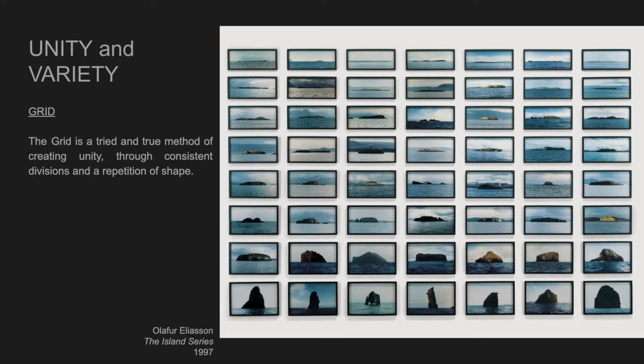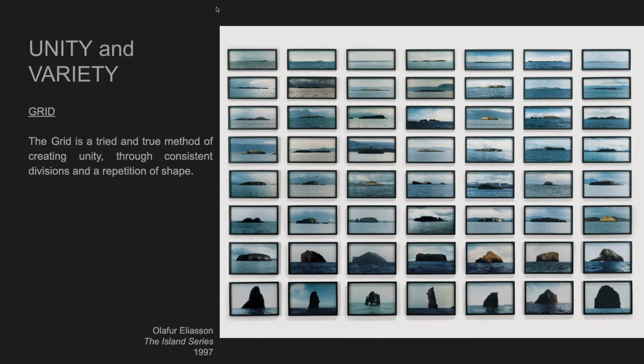Back to the same artist, Olafur Eliasson, who photographed volcanoes. These are all craggy little islands or rocks jutting up out of the water. He's using a grid. The grid, again, creates unity.